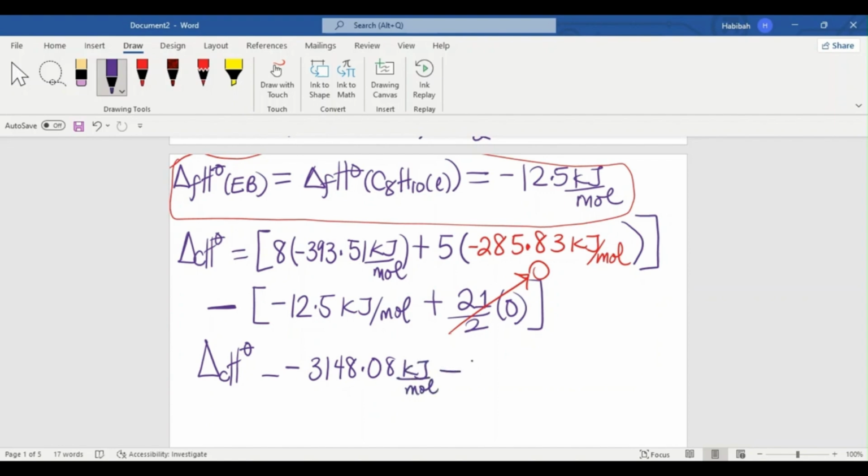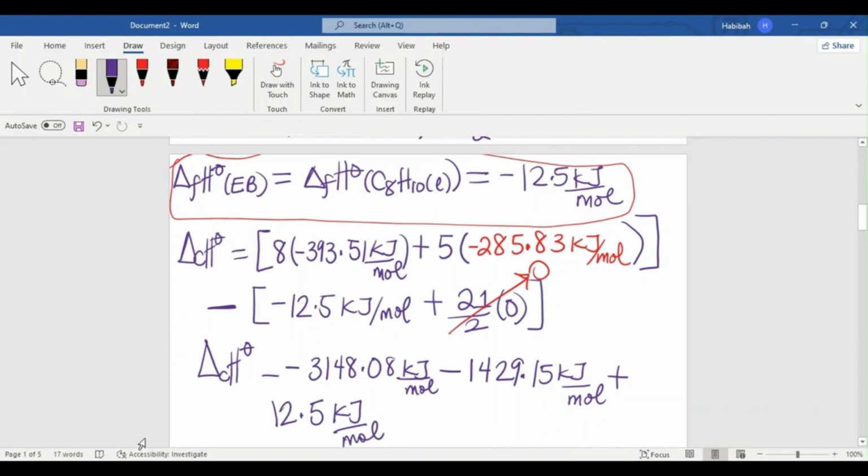Minus negative 1429.105 kilojoule per mole plus 12.5 kilojoule per mole.